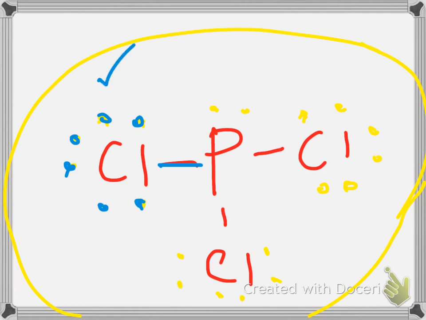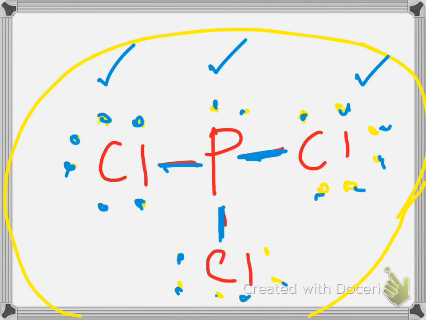So this chlorine is good. Phosphorus has 2, 3, 4, 5, 6, 7, 8. So phosphorus is good. And the other 2 chlorines also have 8 and 8. So we are good to go, and this would be our structure.